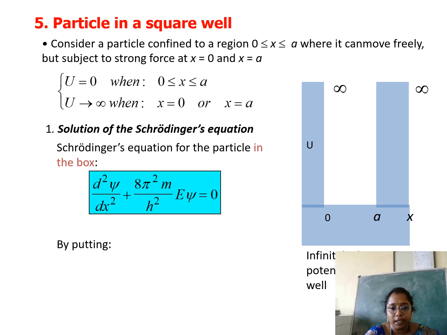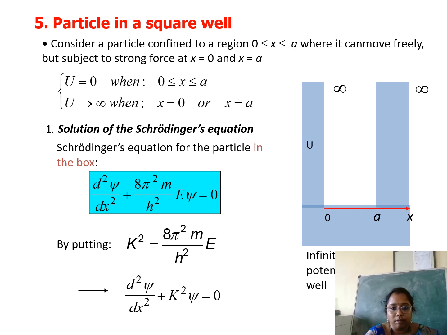Then the equation can be written as d²ψ/dx² + (8π²m/h²)Eψ = 0. Putting k² in place of 8π²mE/h², where k is the wave vector, this equation can be modified as d²ψ/dx² + k²ψ = 0.